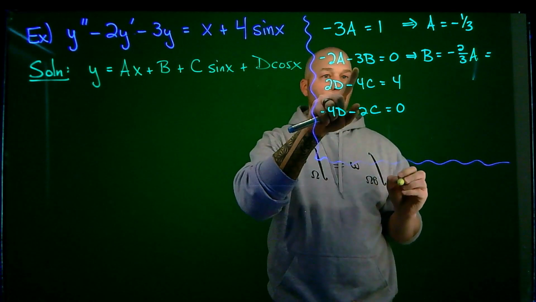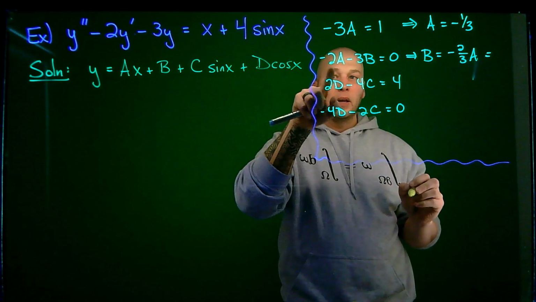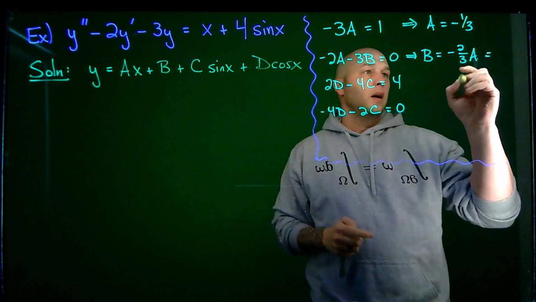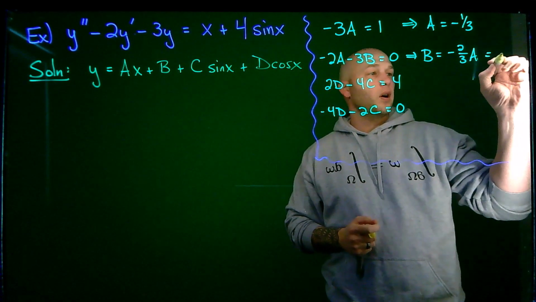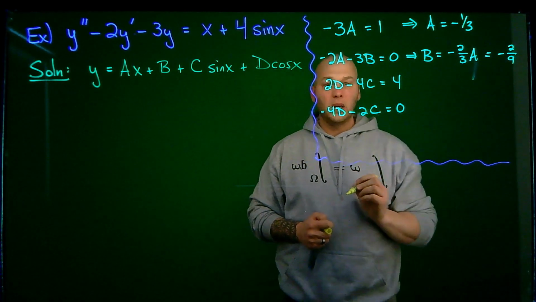Let me just double check that. If I add 3b over, I isolate the b term, I divide by 3, that'd be negative 2 over 3a. A, of course, is negative 1/3. That gives me negative 2/9 for b.